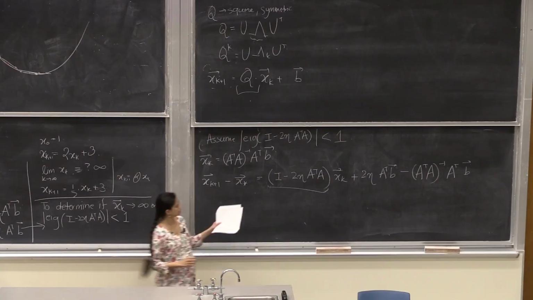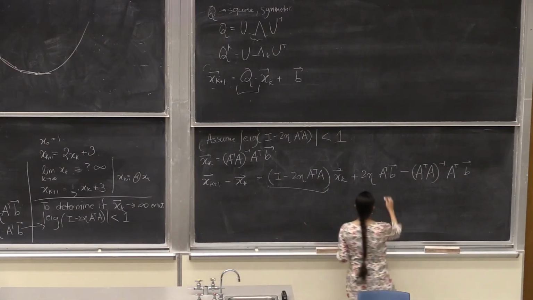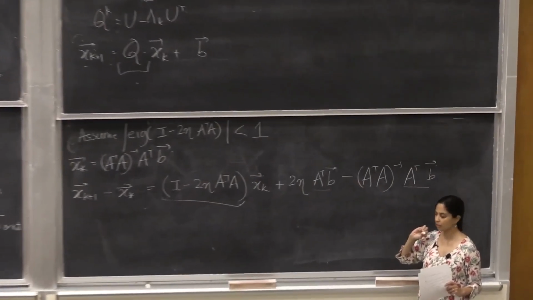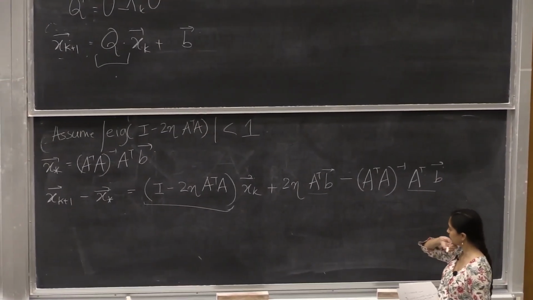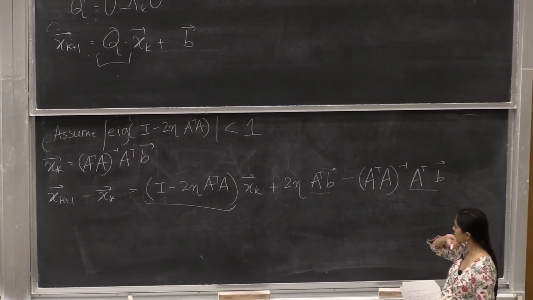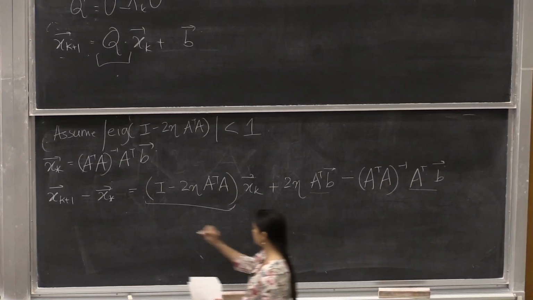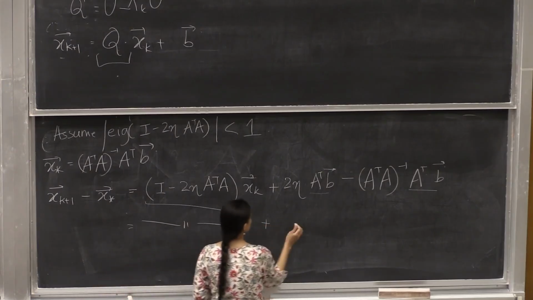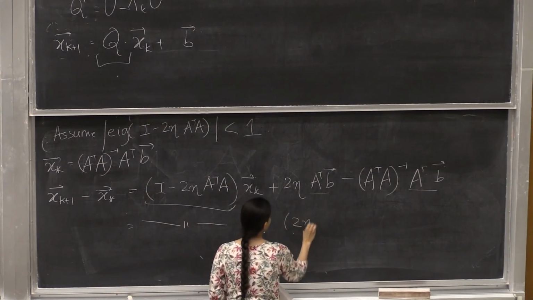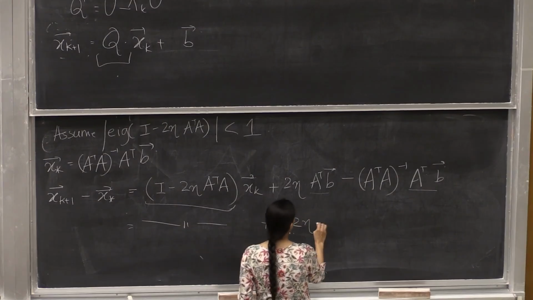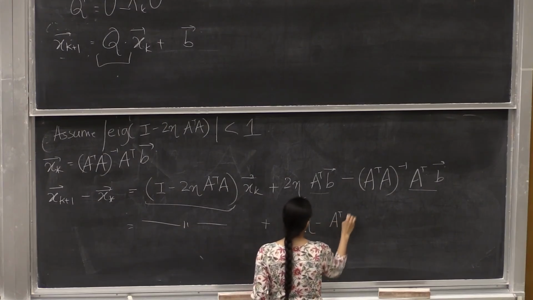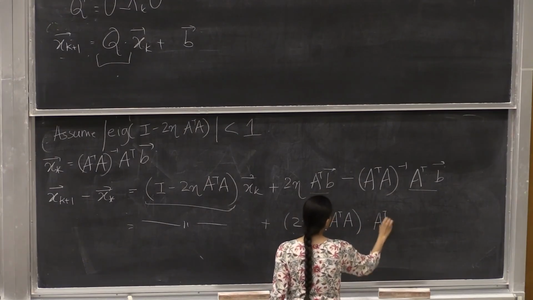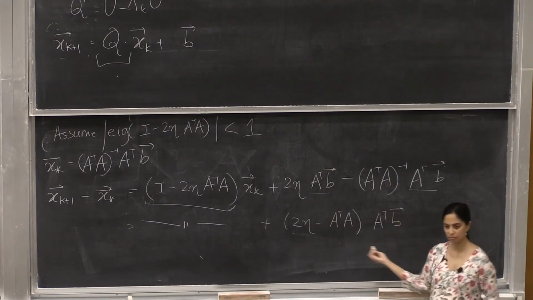So if I look at these terms over here, I have this A transpose B and A transpose B here in common, right? Okay. So I can write this as this term plus 2 eta minus A transpose A times A transpose B, right?